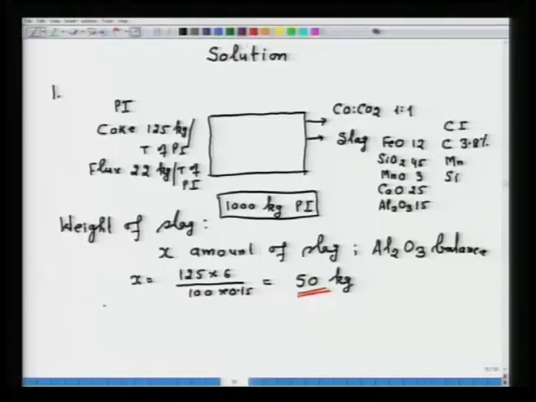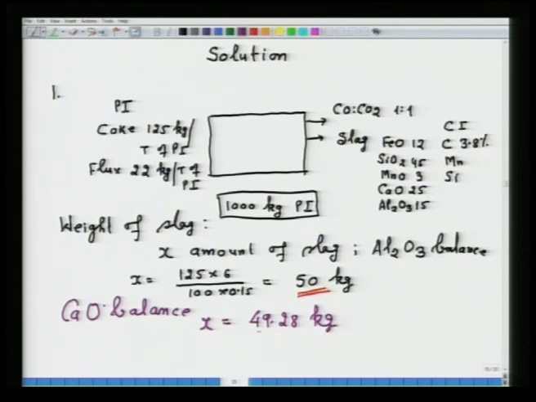So, the Al2O3 balance should be the key to arrive at the weight of slag. That is what I thought I would tell you. If you do, for example, the calcium oxide balance and calculate X, the amount of slag, it will come out to be 49.28 kg. So, you see both values are quite close to 50 kg. So, we take 50 kg as the correct answer.